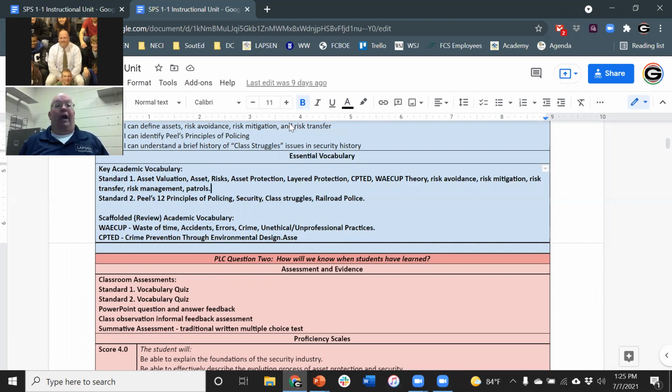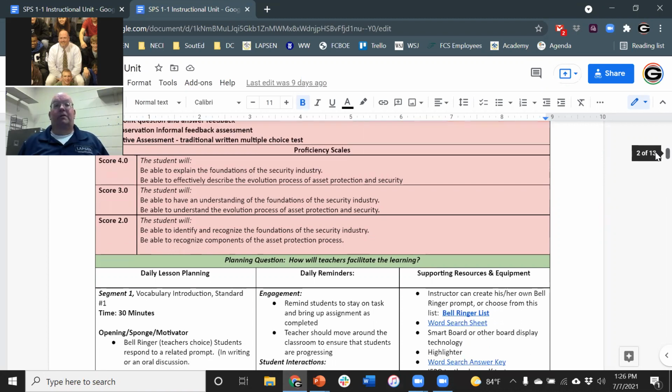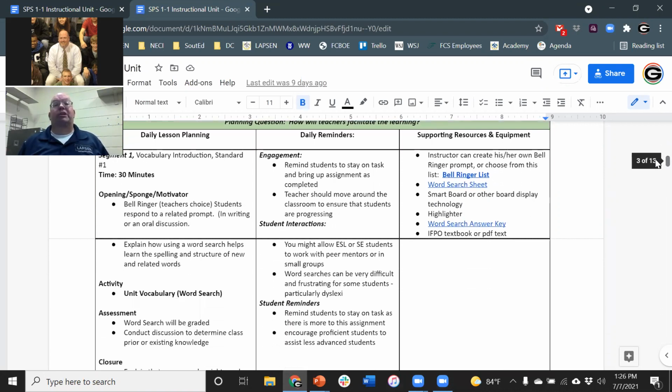You can give them vocabulary quizzes or some type of summative assessment, multiple choice quizzes. At the end of each chapter throughout the textbook, The Professional Protection Officer, you'll see that there are some already published questions that you could use to assess the students' knowledge to see, are they understanding the information?